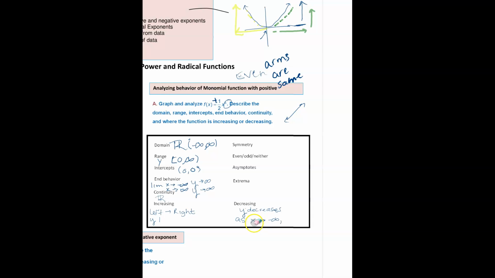Let me write that a little bit better. Sorry, so y values decrease as x values go from negative infinity to 0, and likewise, this graph increases: the y values increase as x goes from 0 to infinity.